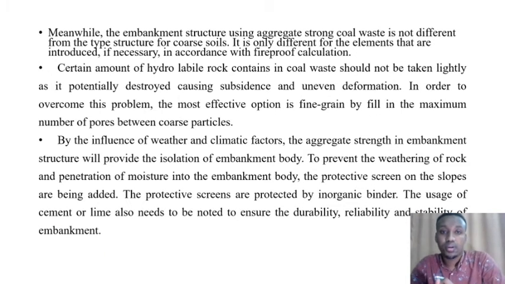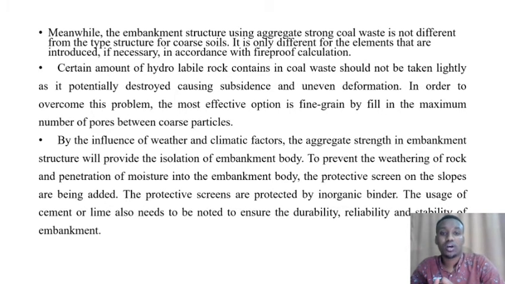Meanwhile, the embankment structure using aggregate strong coal waste is not different from the typical structure for coarse soil. It is only different for the elements that are introduced, if necessary, in accordance with the fireproof calculation.